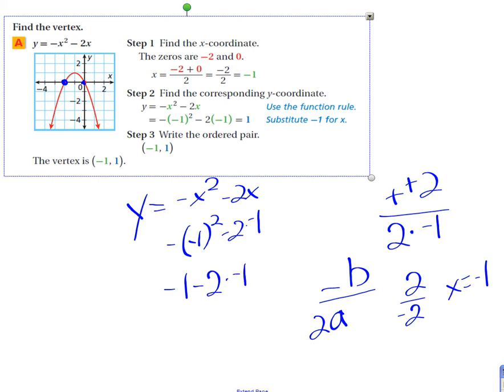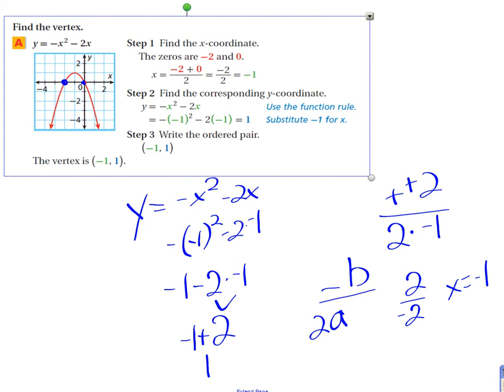What would we do next? 2 times negative 1, which is... well, I'm sorry. I should have said negative 2 times negative 1, which is positive 2. So now we have negative 1 plus 2, which is positive 1.